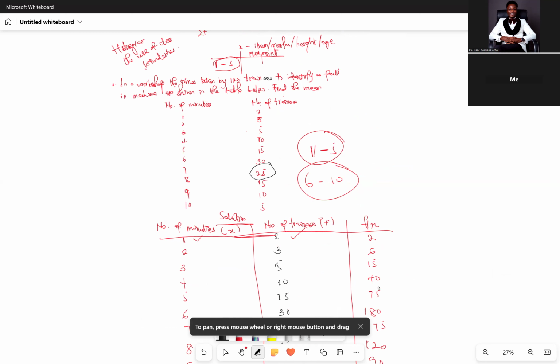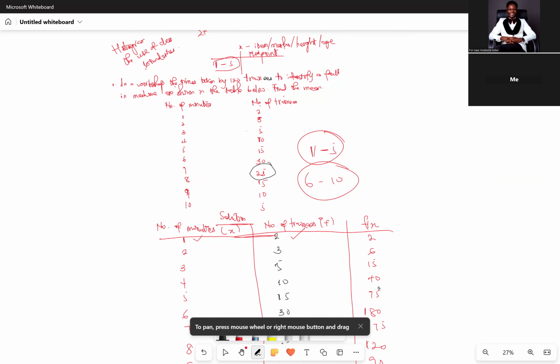So the same question will be given to you. In the workshop, the time taken by 120 trainees to find a fault in a machine are shown in the table below. If the mean is so and so, find x. I've walked you through how to find the mean, so even if it's a variable, don't worry. Find fx.